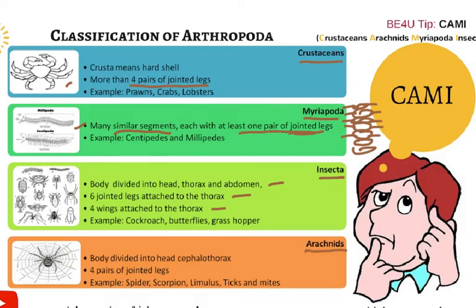Then arachnids. These are the ones which have a head and a cephalothorax, a C and an H. So cephalothorax and head, four pairs of jointed legs.